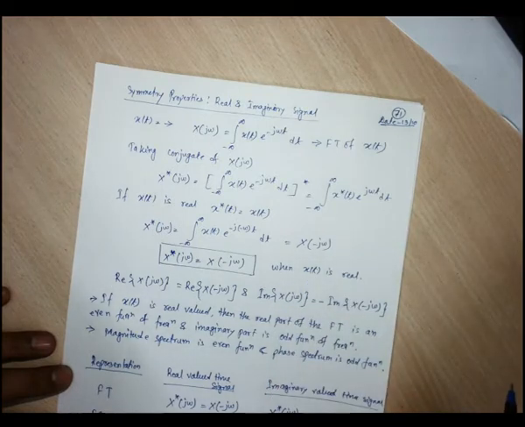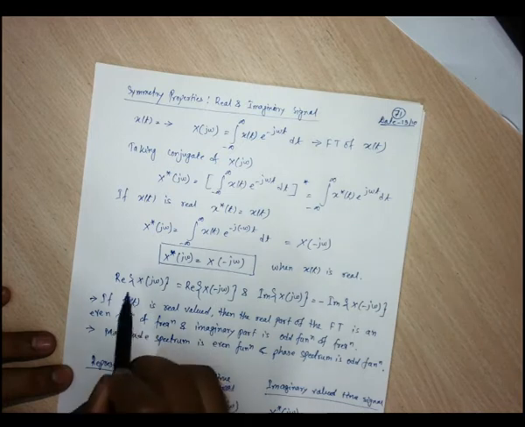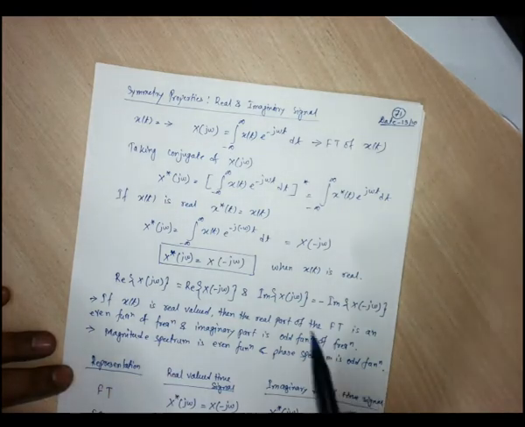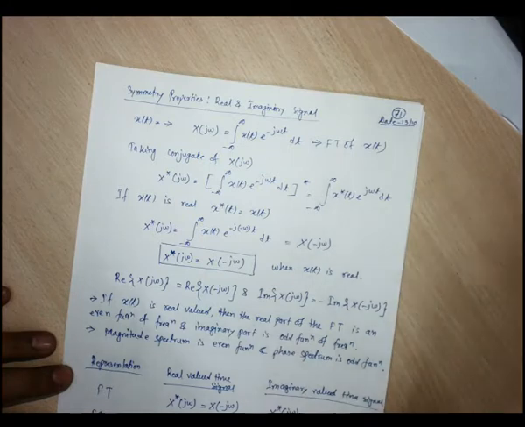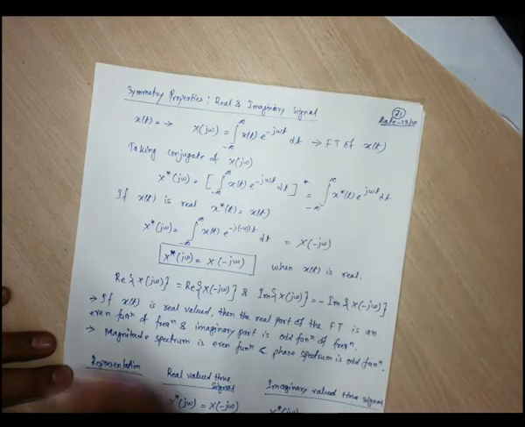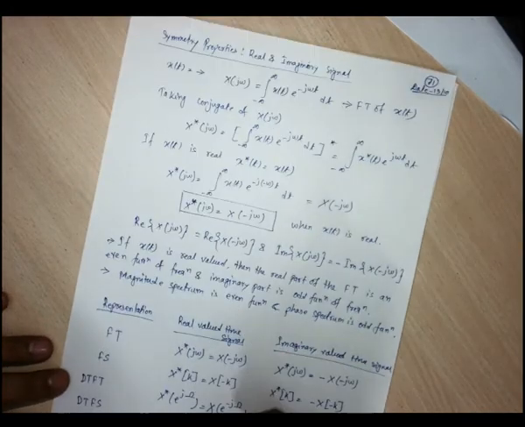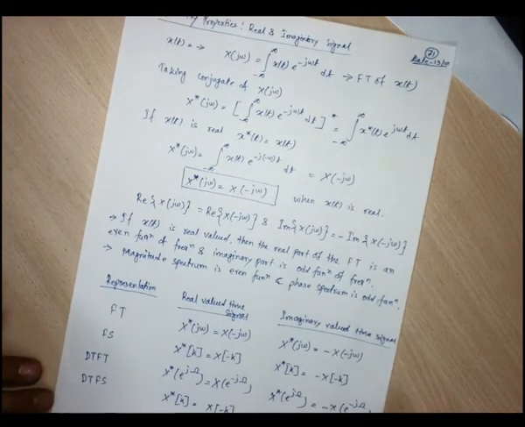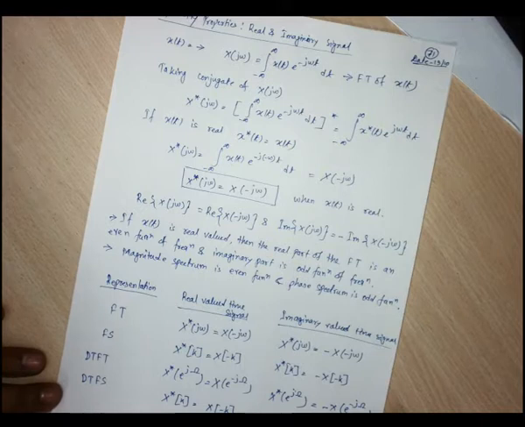So the real part of this transformation is the same on the right-hand side as on the left-hand side, but the imaginary part results in an odd function. The same conclusion we can take for the other transformations also.